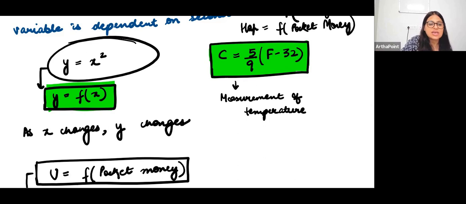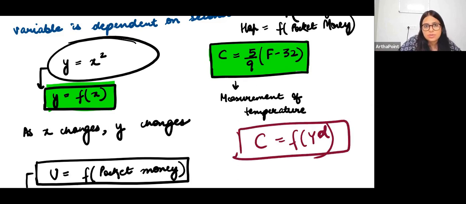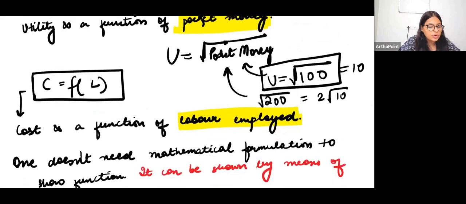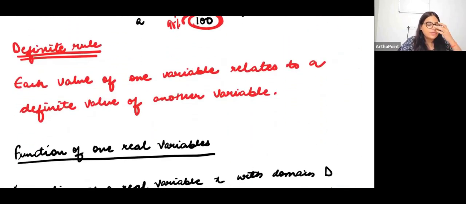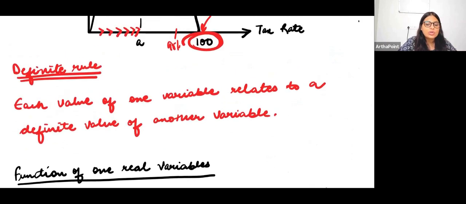So whenever we say that consumption depends on disposable income, consumption is a function of disposable income, right? Okay. So now I want to talk about a rule here.